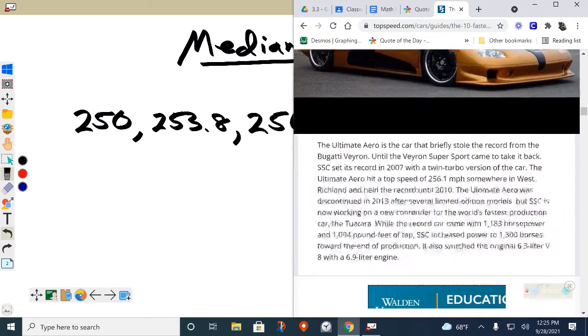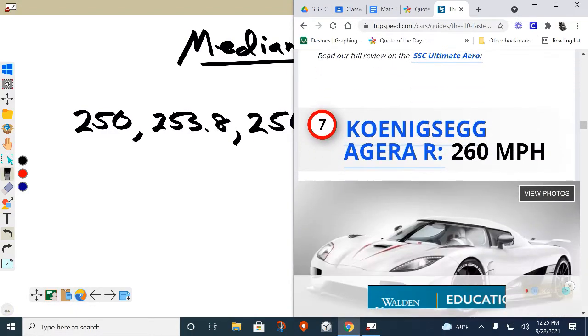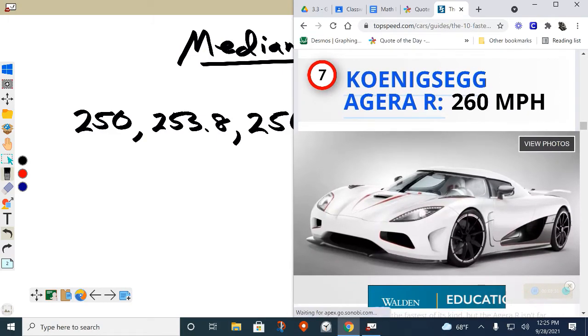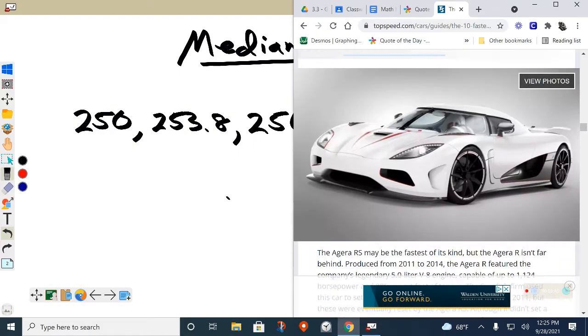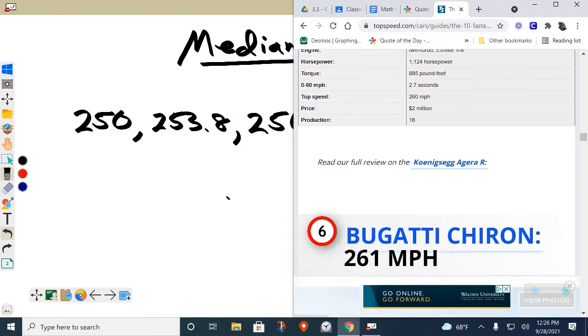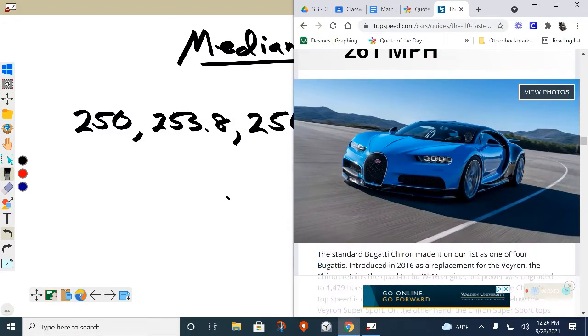Then coming in at number 7 is the Koenigsegg Agera R, and it registers at 260 miles per hour. So far so good. Koenigsegg, look at that thing. Then we got the Bugatti Chiron, 261. That's a nice looking car.